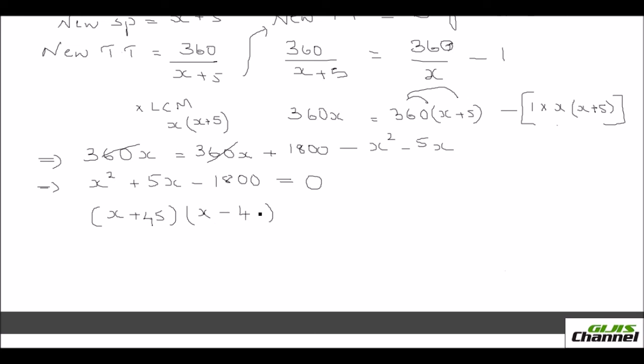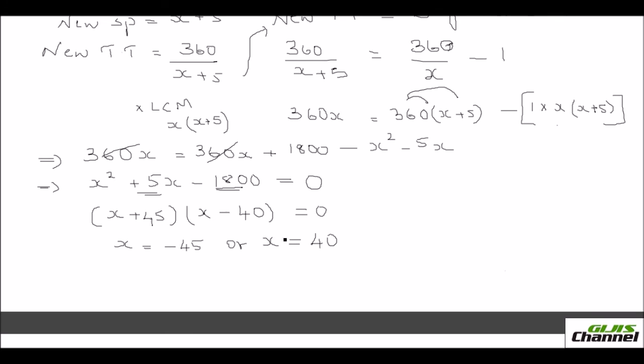Plus 45 and minus 40 will give you plus 5, the middle term, and when you multiply you get minus 1800. Now equate the two factors to 0. So you get x equals minus 45 or x equals 40.